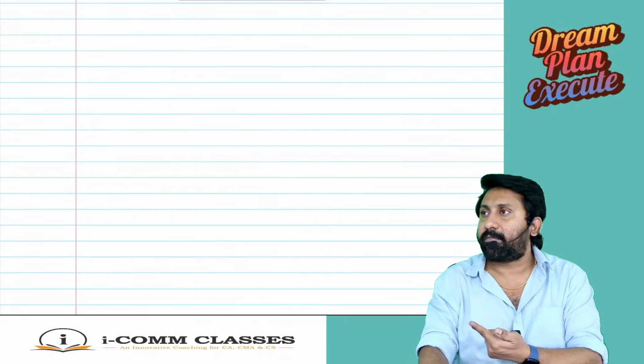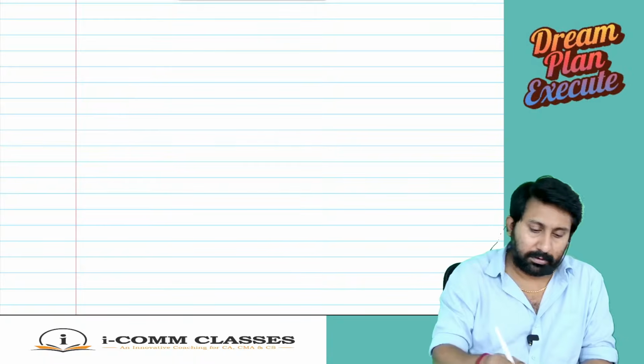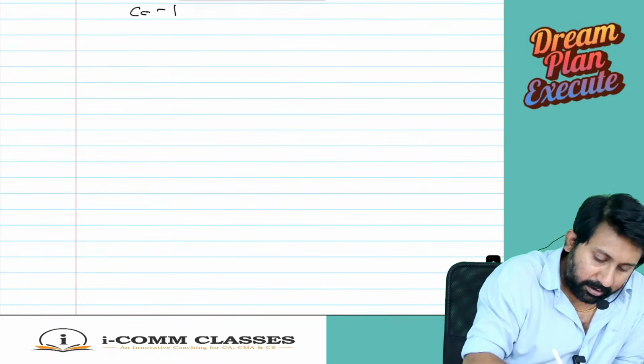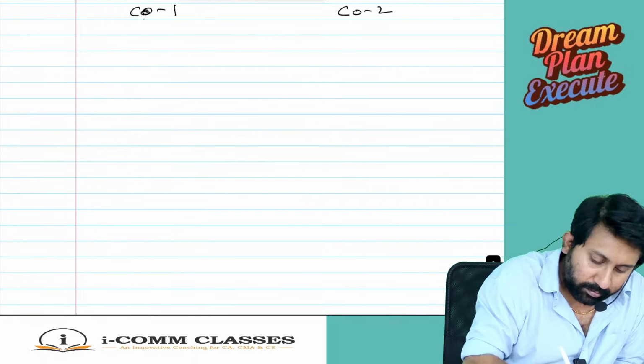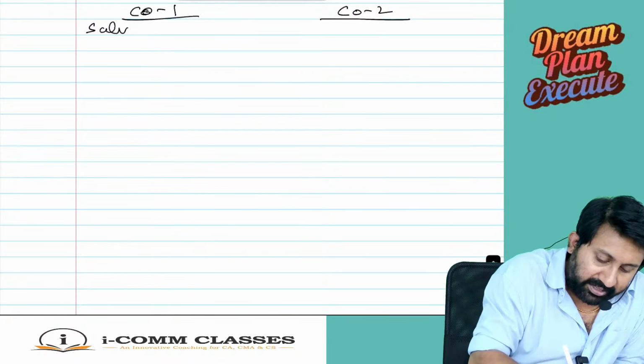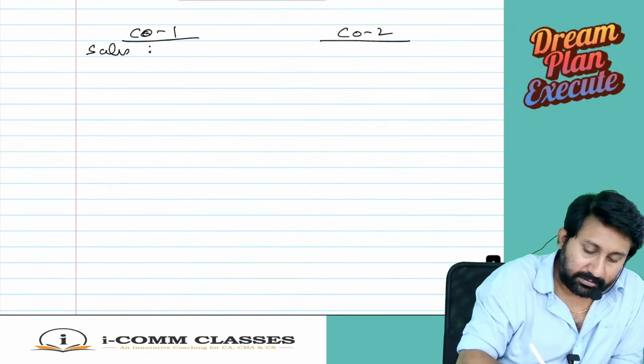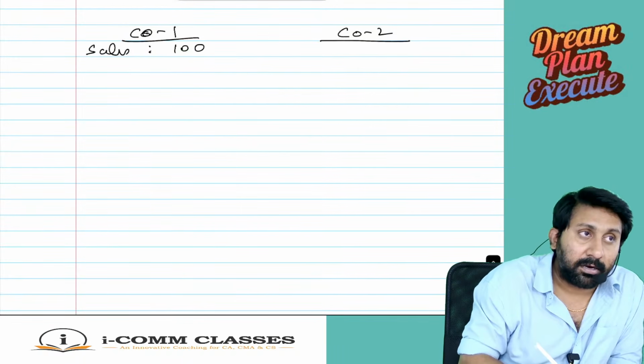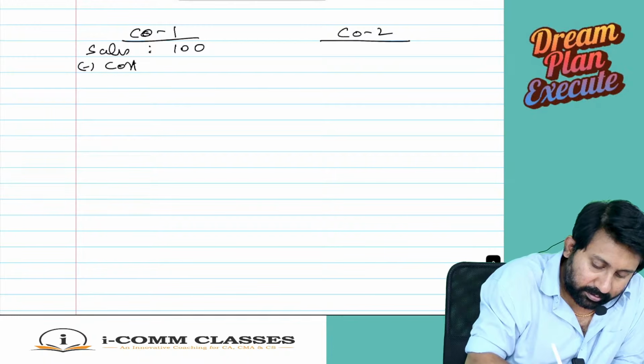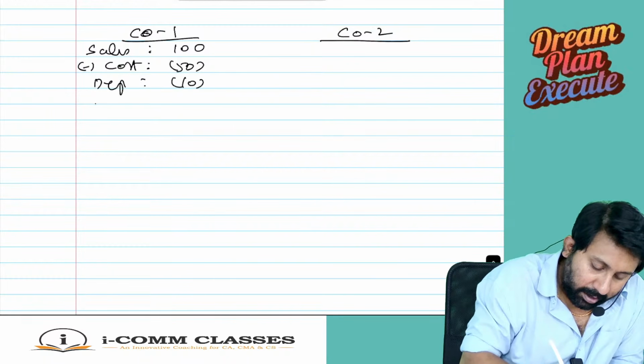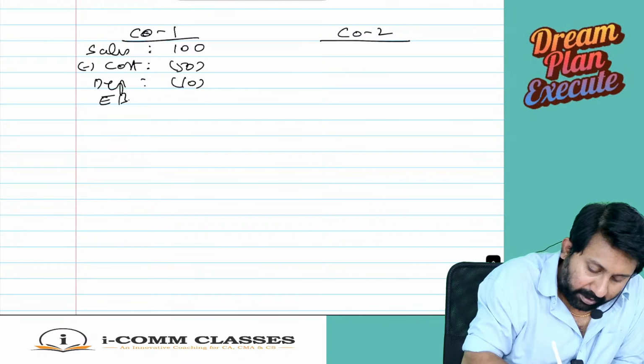Let us show the impact in clear terms with an example. See the screen. Company 1, company 2. So tell the same answer. Sales. Answer. Very good. Minus cost, minus depreciation. What will it become?